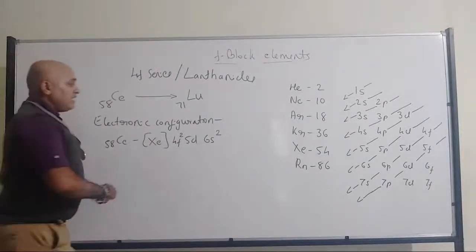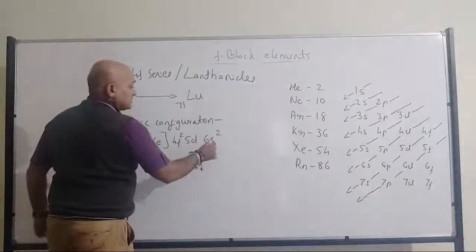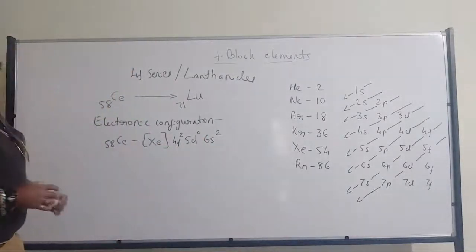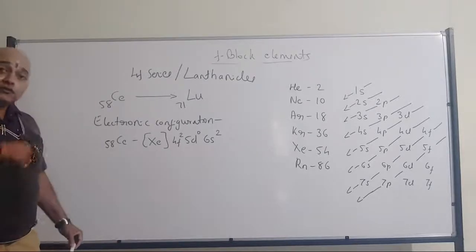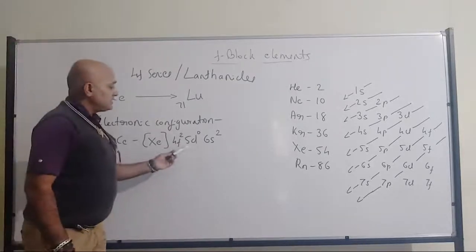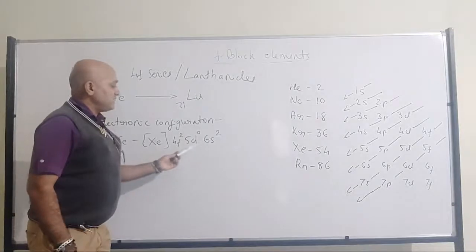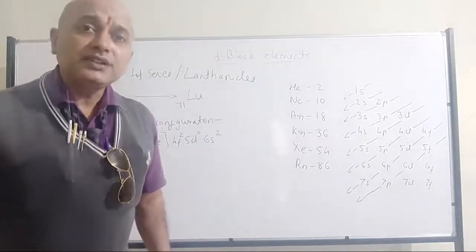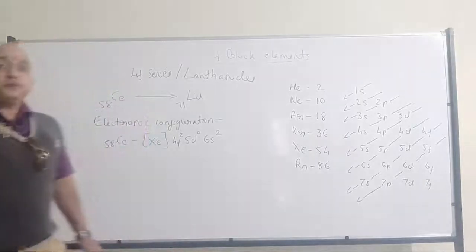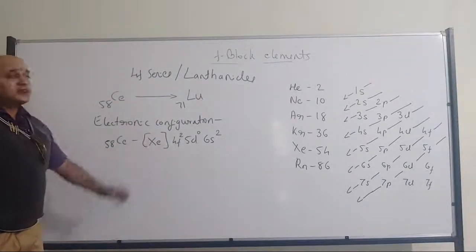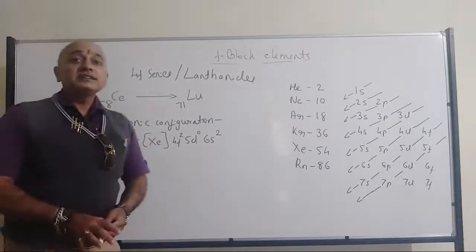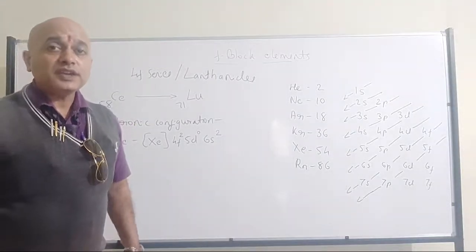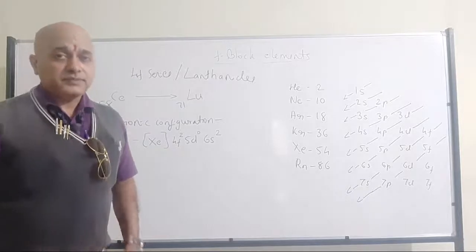So it will be 4f2, 6s2, 5d0, or no need to show the 5d. But why are we showing 5d? Because 6s and 4f are there, so to maintain the order we can show it as 5d0. So this will be the electronic configuration for cerium.